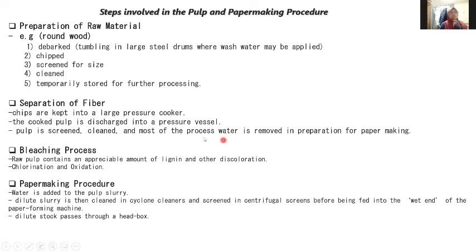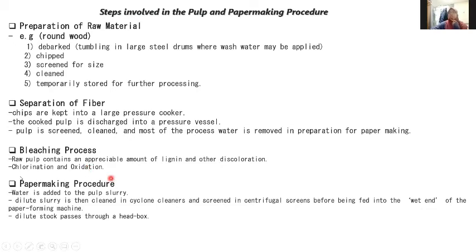Third is the bleaching process. Raw pulp contains an appreciable amount of lignin and other discoloration. It must be bleached to produce the light color or white papers preferred for many products. The fibers are further delignified by solubilizing additional lignin from the cellulose through chlorination and oxidation.